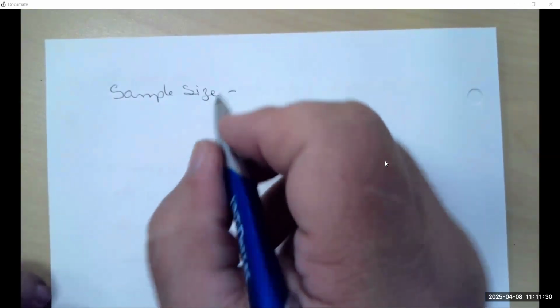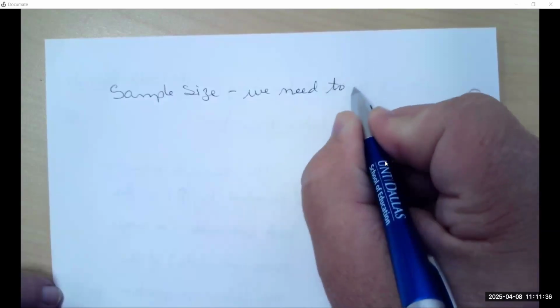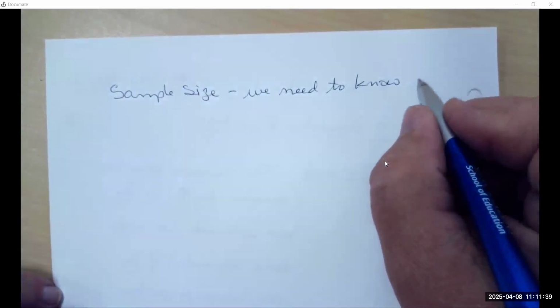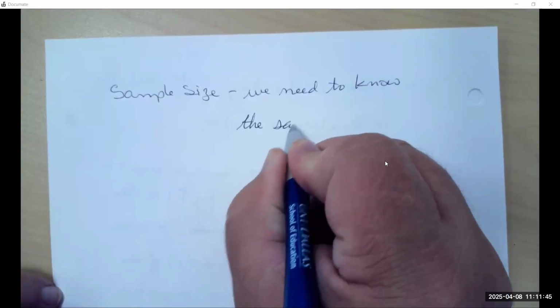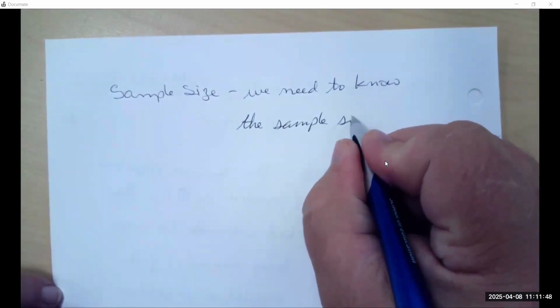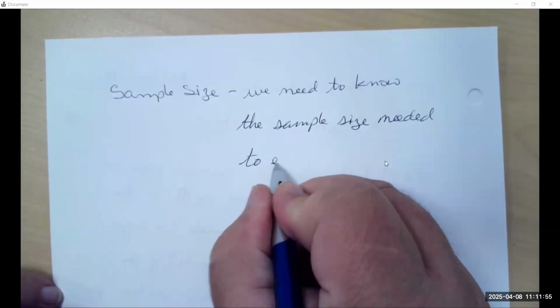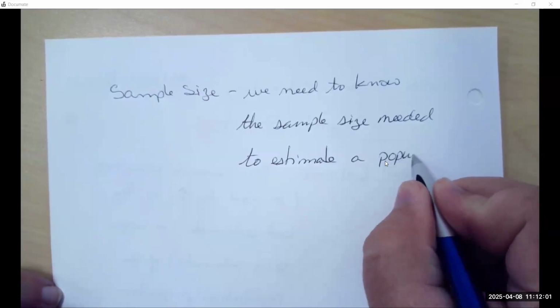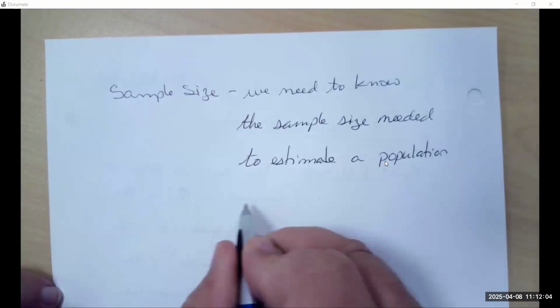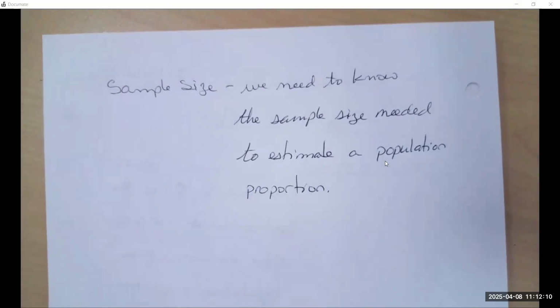Sample size. We need to know the sample size needed to estimate a population proportion. Why is the sample size important?